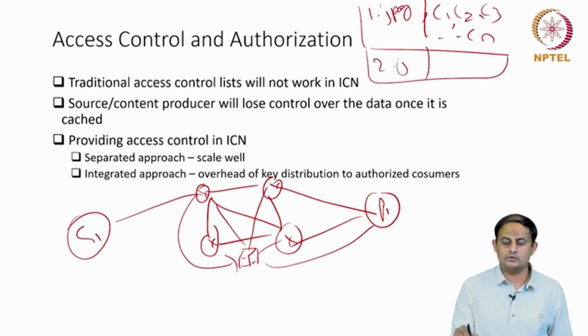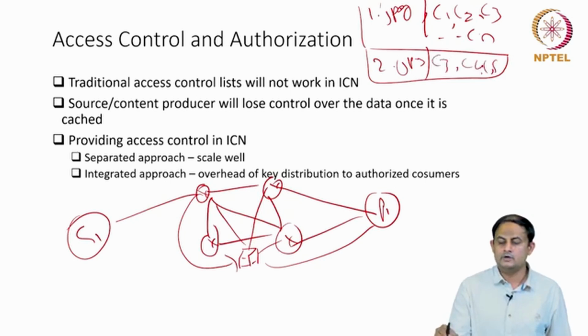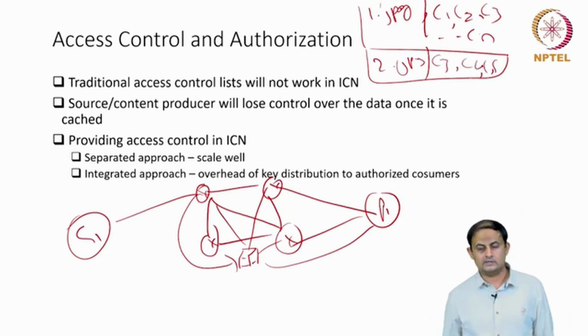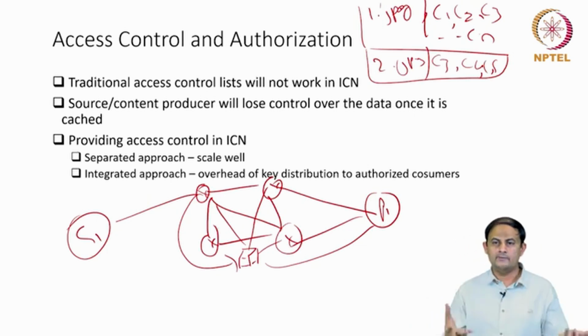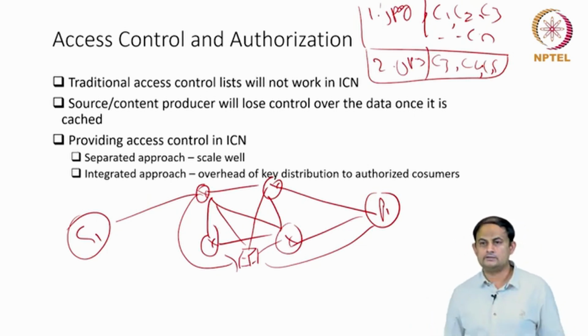Similarly, if I have 2.jpeg, then another set of users, maybe C3, C4, C5, are allowed to access that content. So every piece of information that I have stored in every router has this laundry list of the users who are authorized to access that content.